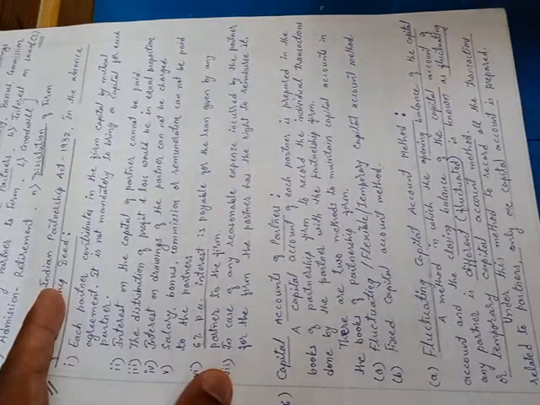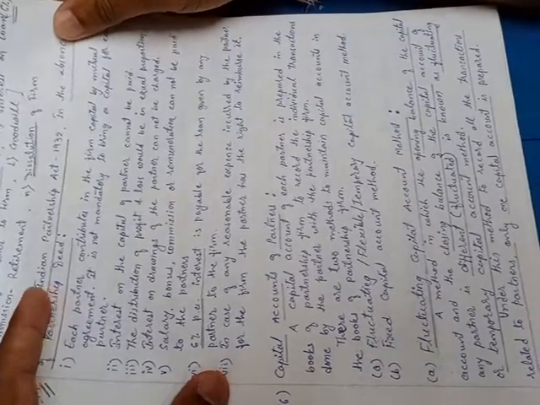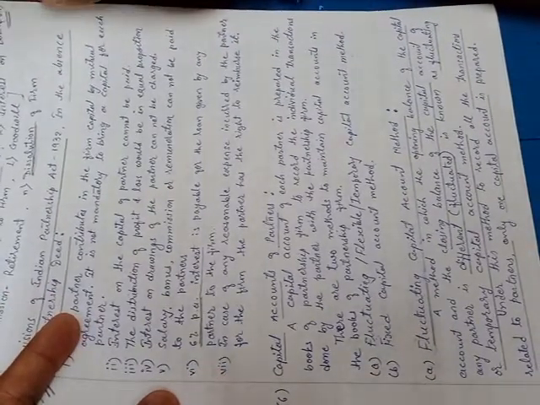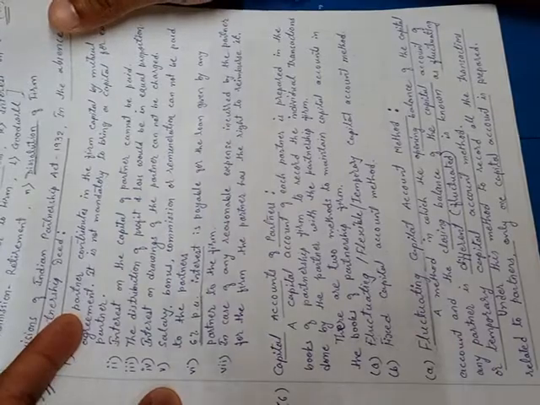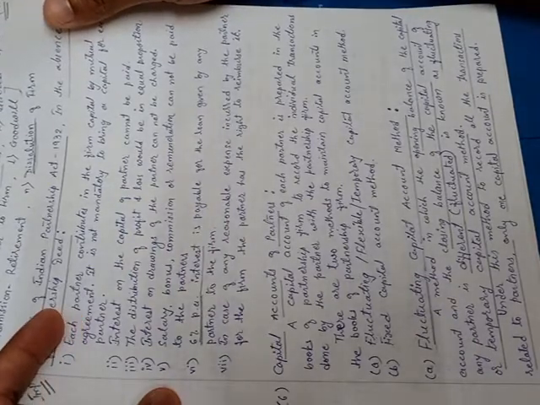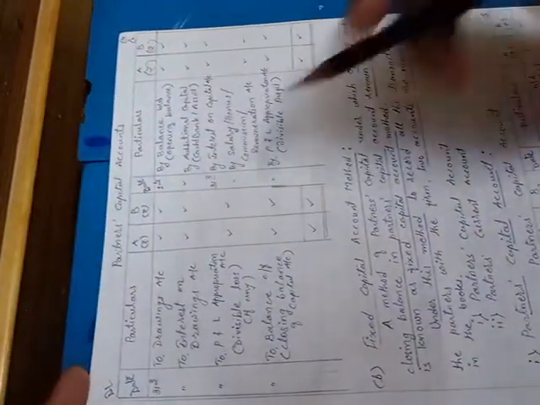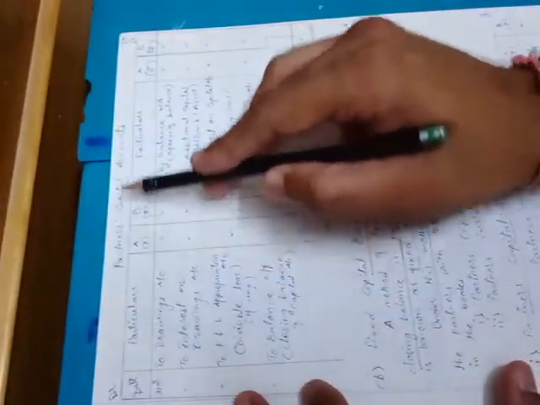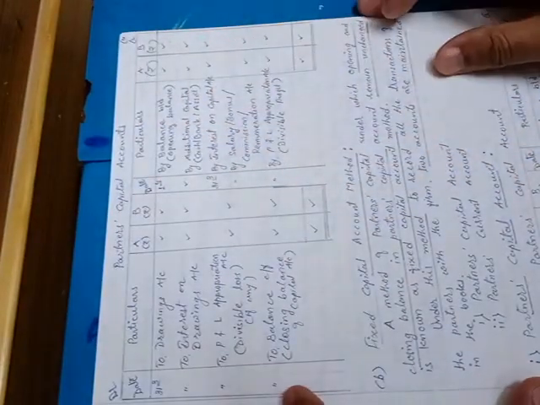Under this method, the transactions of the partner with the firm are recorded only in one account, called the partners' capital account, that I have prepared. I will show you that also. It is available at the top of this page. This is your partners' capital account under the first method.